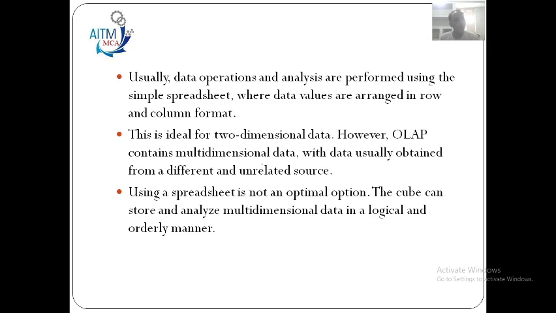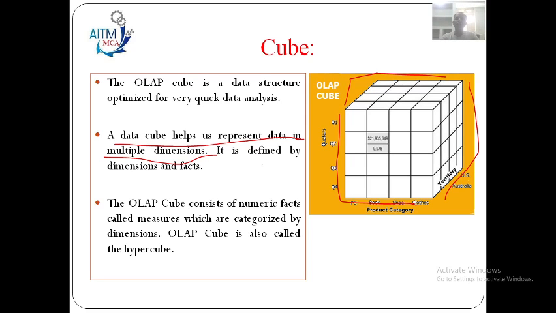But OLAP contains multi-dimensional data. Online analytical processing consists of multi-dimensional data. As we have seen, one is product category, second one is quarters, the time period, and here it is territory. These are the three dimensions in this example.